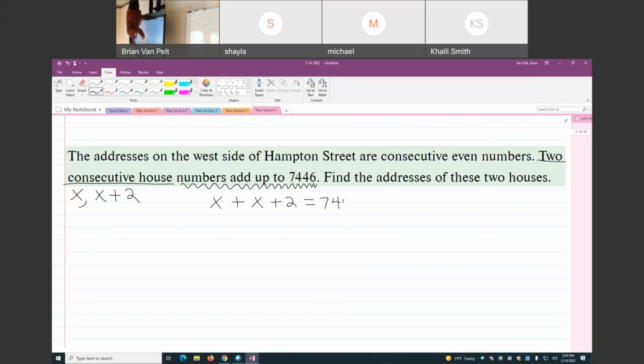The sum of those two house numbers is 7446. So in my mind, x is one house number, x plus 2 is the house number after it. That's all I'm thinking about. I'm looking at the sum of two house numbers. The first house number plus the second house number added up to 7446. Now what would you do?